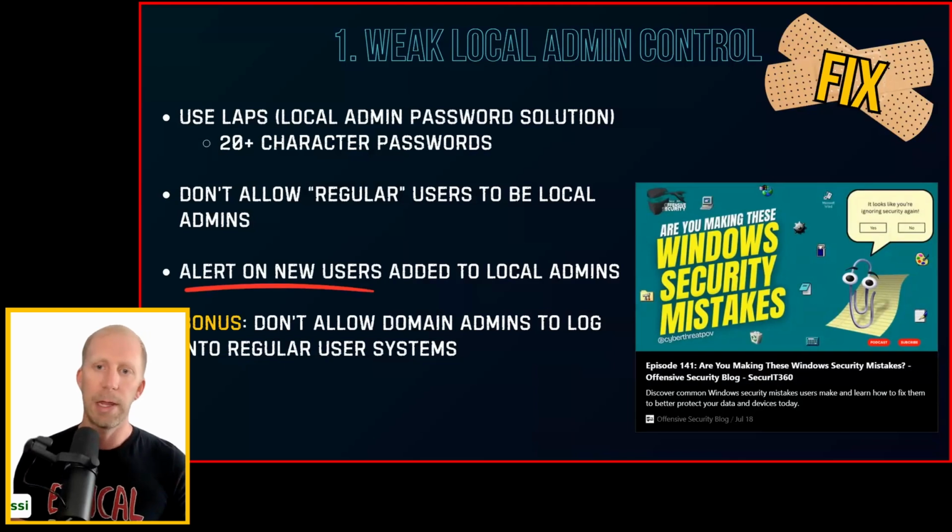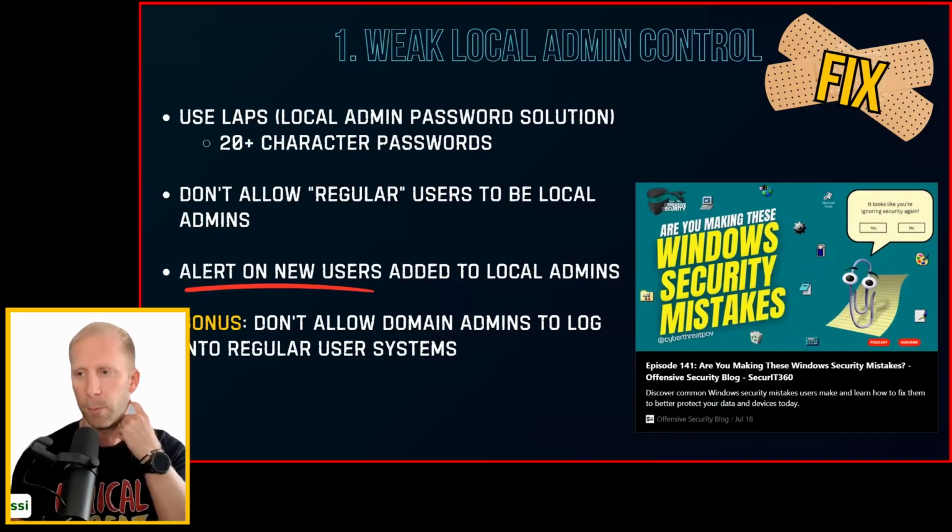So the remediation, or the fix, if you will, for weak local admin control is, one, use LAPS. It's super easy. It's automated. It is a very, very good control, and it gets you really good protection right out of the gate, built into Windows, and even Intune now, and it's free. Don't allow regular users to be local admins.